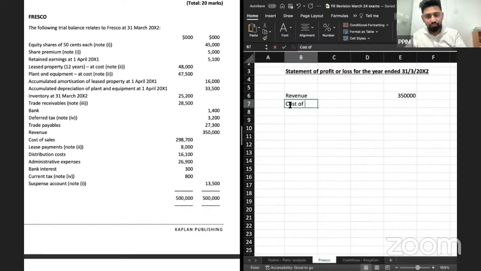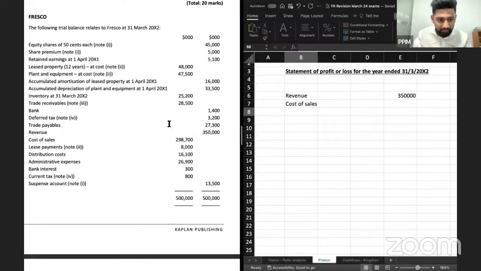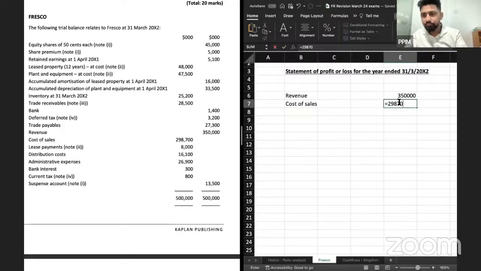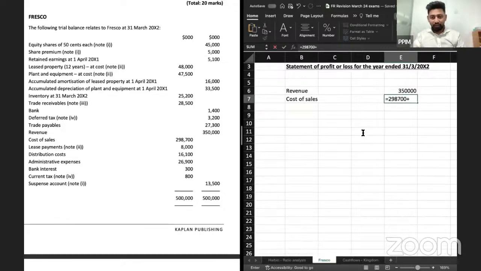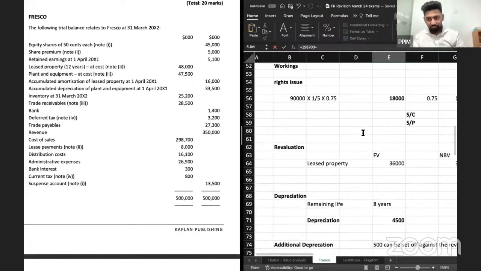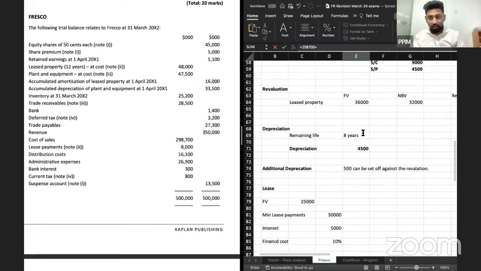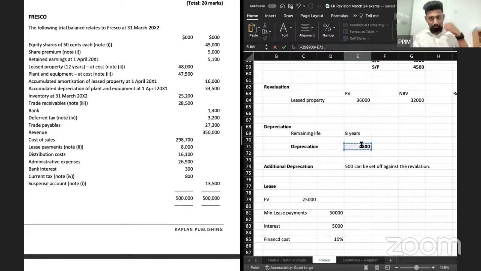Next, I've got cost of sales. Cost of sales, I've been given 298,700. What are the adjustments I made? I come below. Adjustments, rights issue, no impact. Revaluation. I have made depreciation as a result of revaluation. It's going to be 4,500. I'm going to add it to cost of sales.